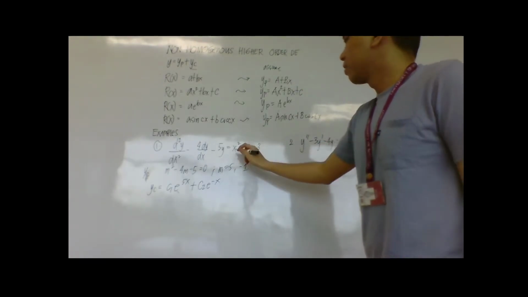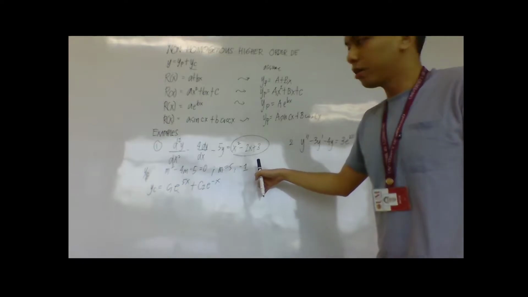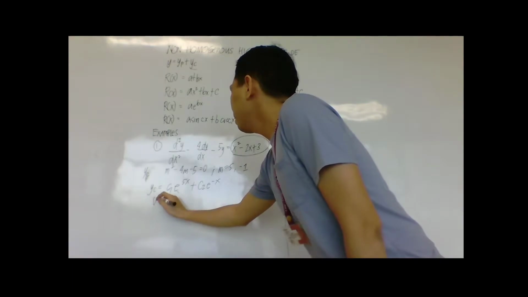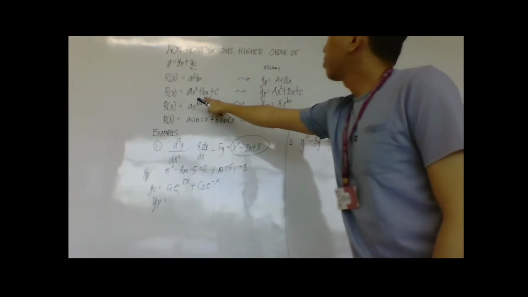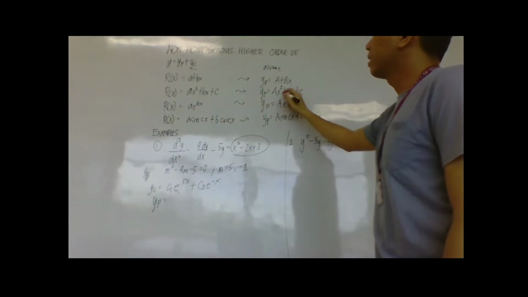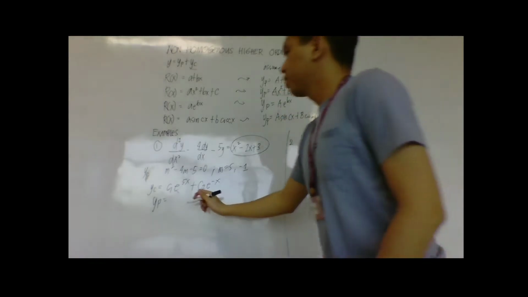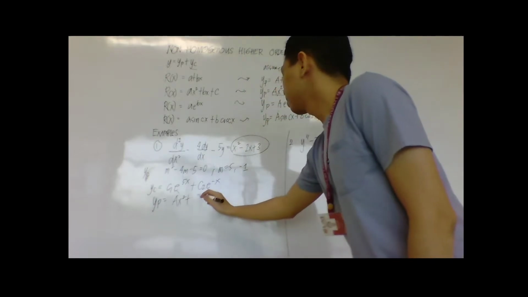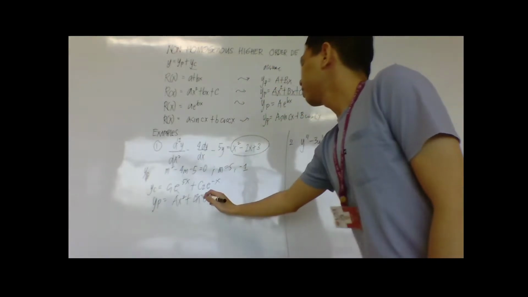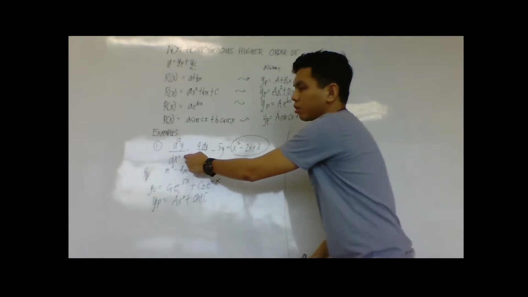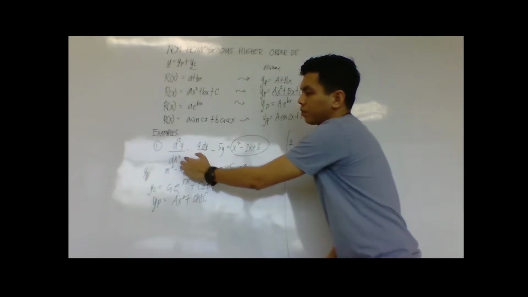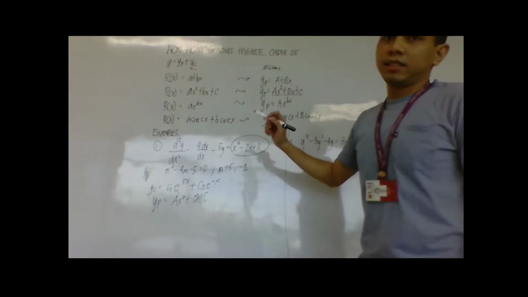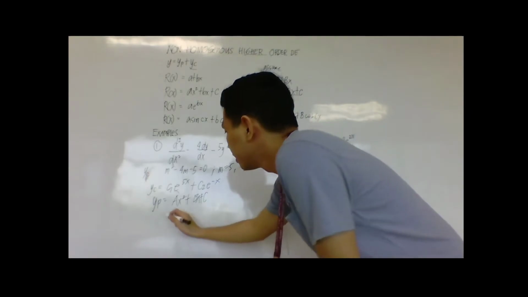Now for yp, the particular solution. We assume yp is ax squared plus bx plus c. You need to get the double derivative, since this is a higher order equation.